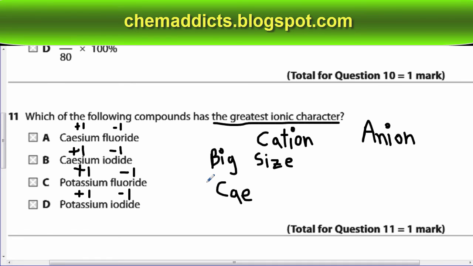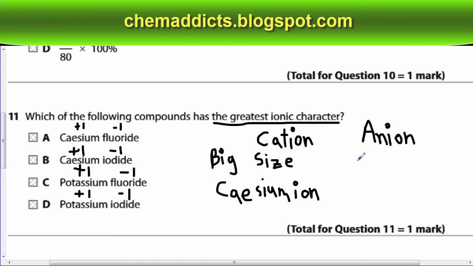If we look at group 1, we will see that cesium is below potassium, so cesium ions will have a bigger size than potassium ions. So the cesium ion should be the largest cation in this case.